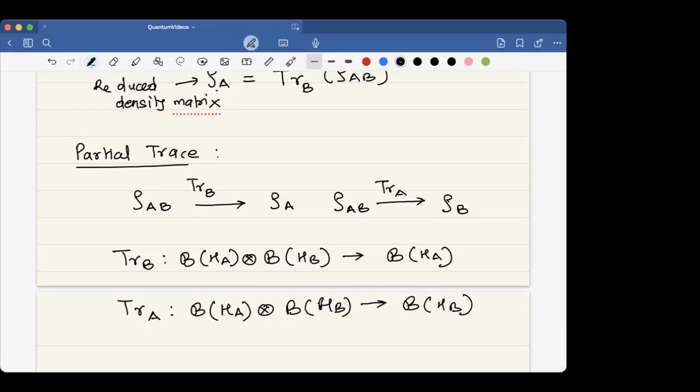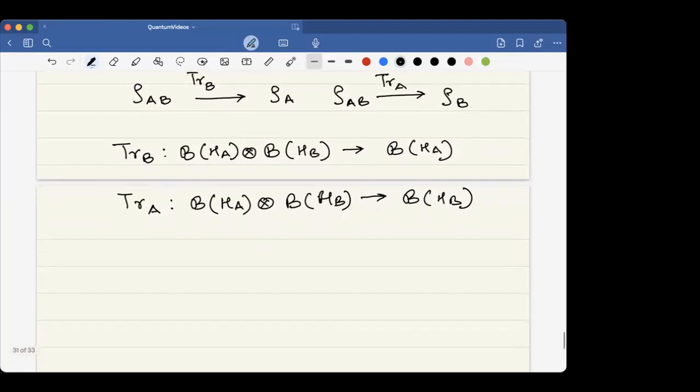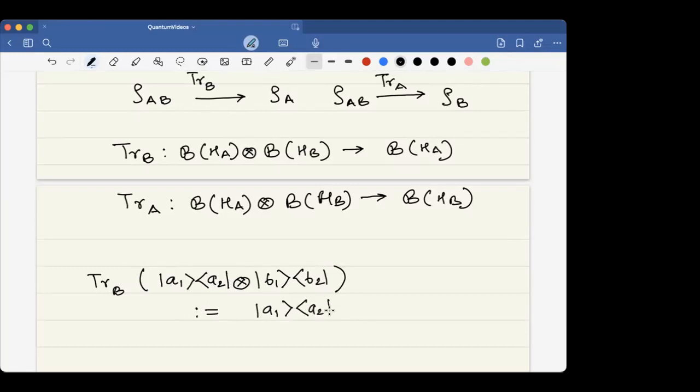So the way the partial trace operation is defined is in the following way. Suppose I have the partial trace over B and I have this simple operator A1 tensor B1, A2 tensor B2. Then if I take the partial trace over subsystem B, this is defined as A1, A2 times the trace of B1, B2.